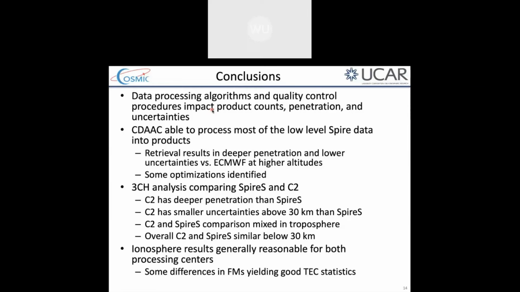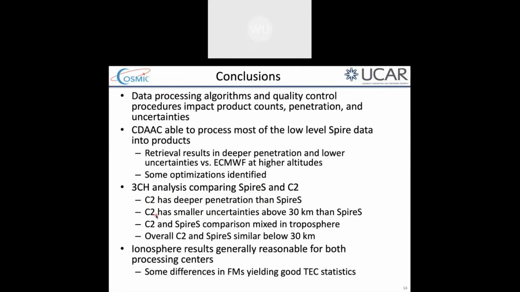We have identified a couple of things that we can tune in our processing. From the 3-corner hat analysis, we also find that the Cosmic 2 has deeper penetration than the Spire data. That was shown. We find smaller uncertainties above 30 kilometers than the Spire product.